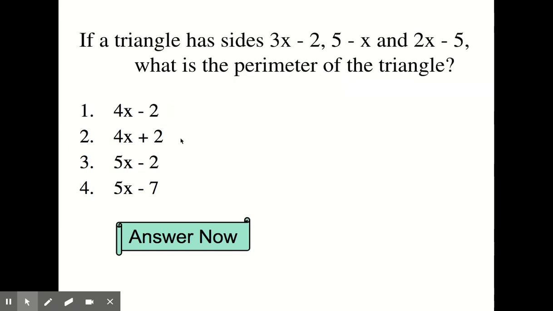If a triangle has sides 3x minus 2, another side that's 5 minus x, and another side that's 2x minus 5, what is the perimeter of the triangle? Remember, perimeter is when you add all of the sides together.